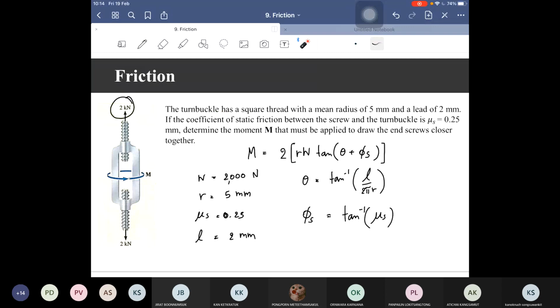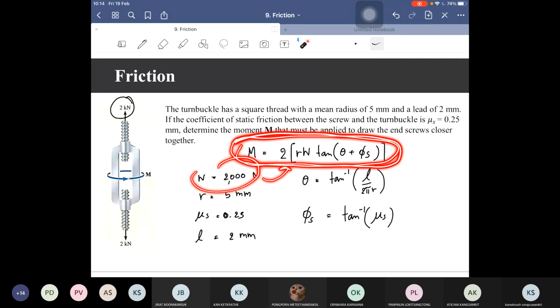Okay, so here we have everything we need. We can find M by just substituting all values into this equation.